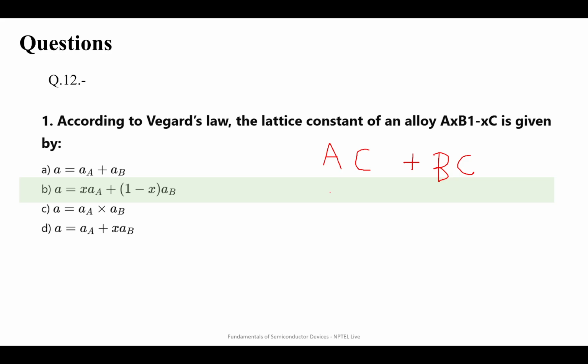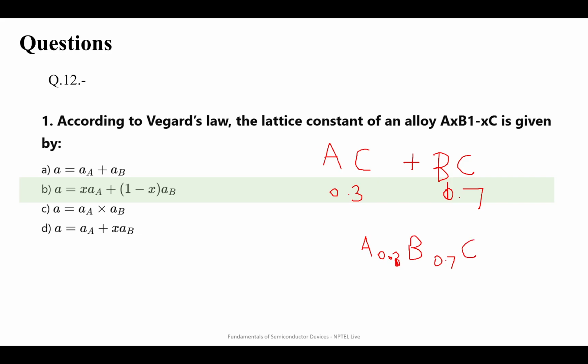If I take 0.3 moles of this and 0.7 moles of this, my final compound will become A of 0.3, B of 0.7, C.